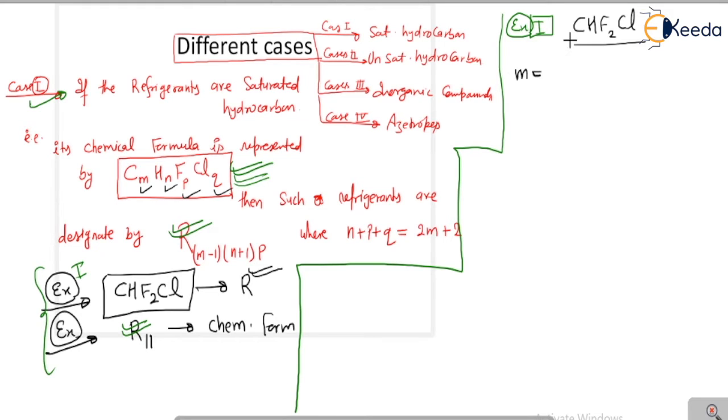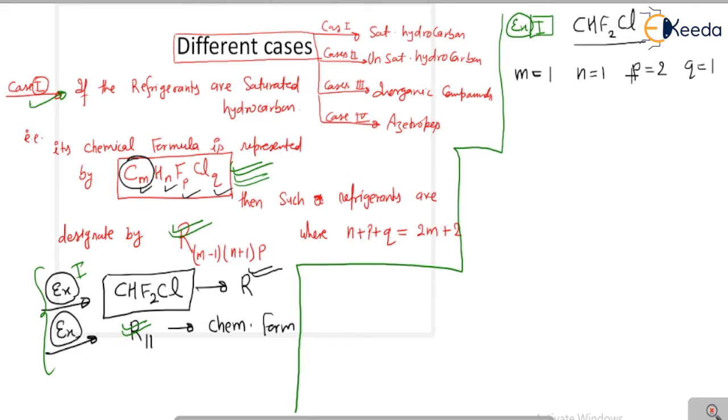Here the value of m is 1, the value of n is also 1, the value of p is 2, and the value of q is 1. So these are the values.